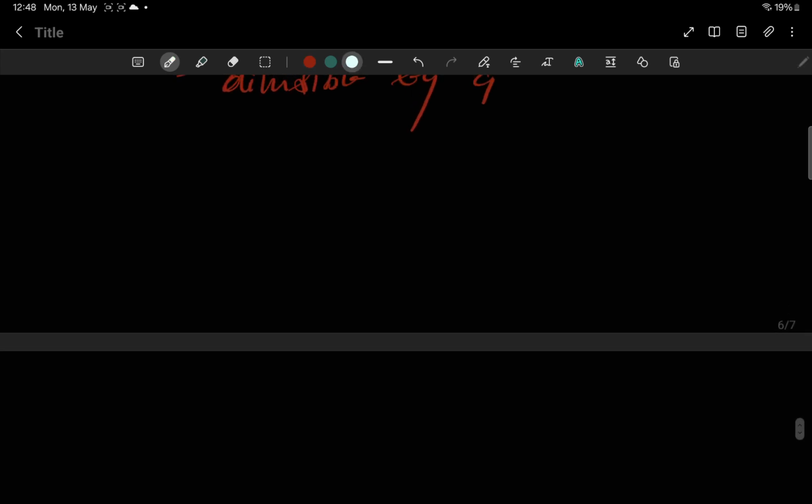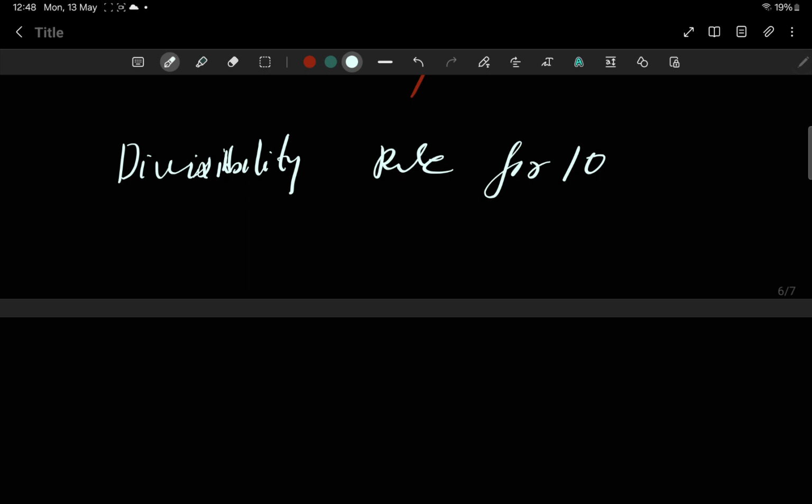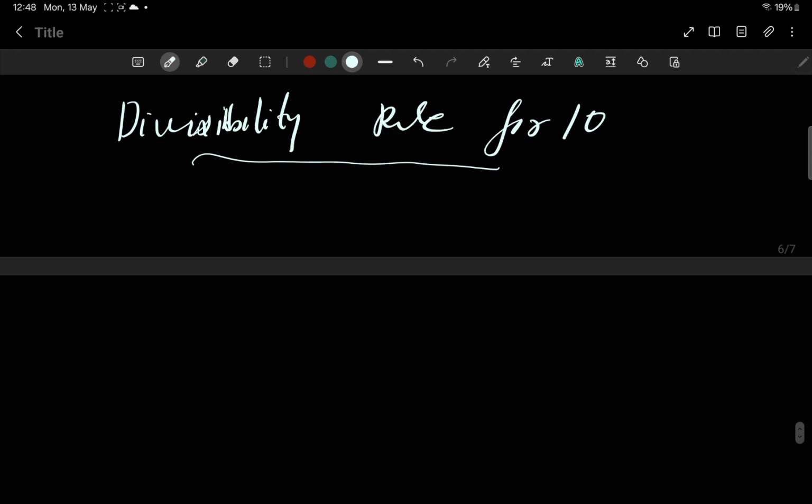Okay, now we are going to the next one, that is divisibility rule of 10. Divisibility rule for 10. The only thing is you need to look at the last digit.